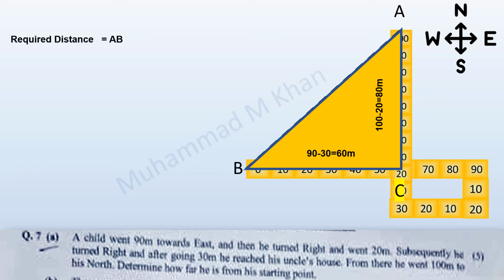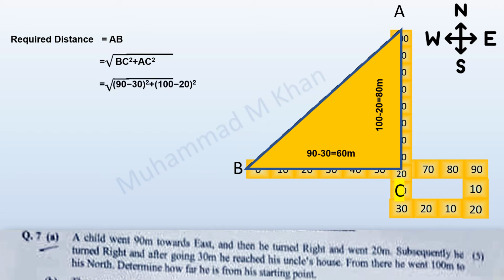The required distance AB is the hypotenuse of the triangle, and by applying the Pythagorean theorem, we know that the hypotenuse of a triangle is the square root of the sum of its base square and its perpendicular square.